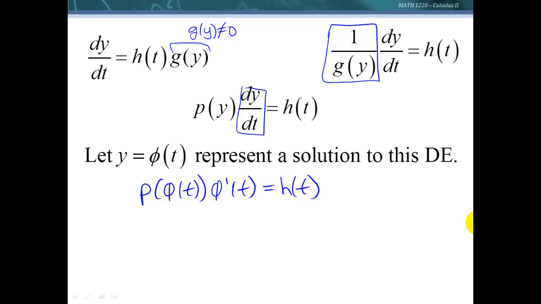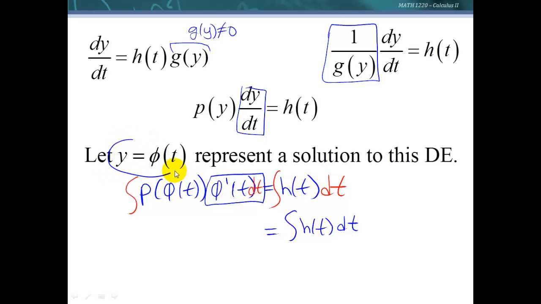So now let's integrate both sides with respect to t. And if we look here to see what we have, this side is just the integral of h of t dt. But on this side, if I took this y and I figured out dy, that's going to be phi prime of t dt.